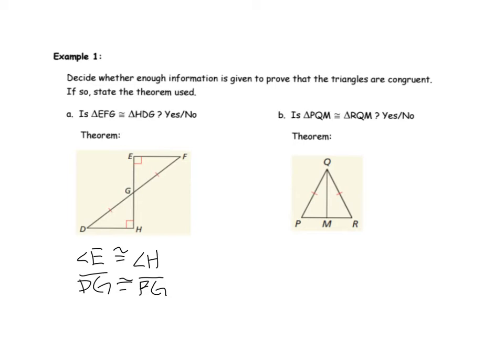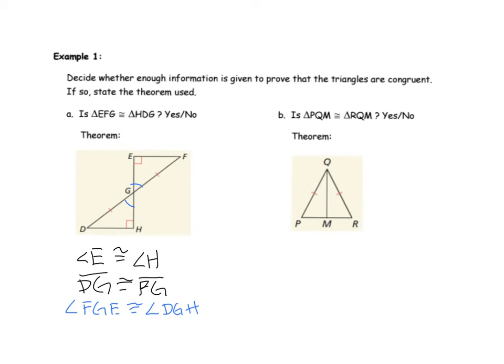So the question is, can we create it? Well, hey, what do you know? Right here, we hopefully recall that we do have vertical angles. So we can actually state that angle FGE is congruent to angle DGH.